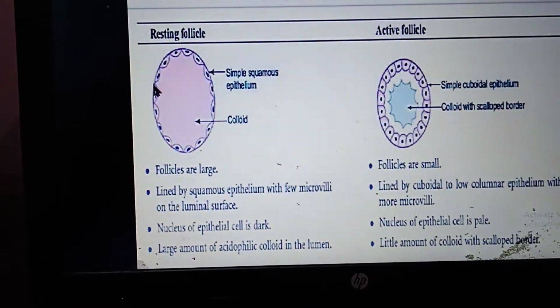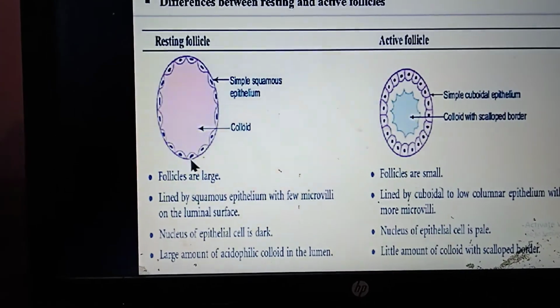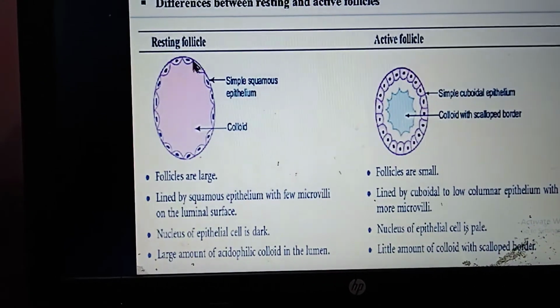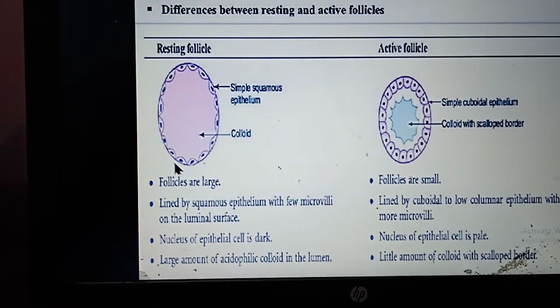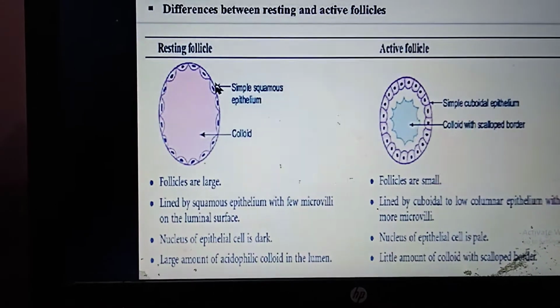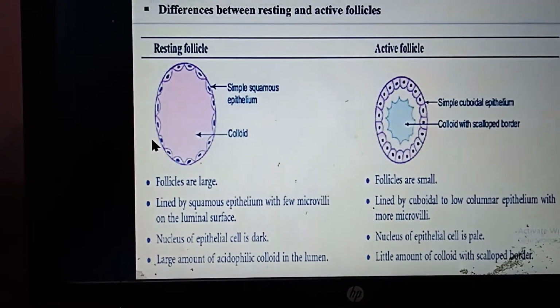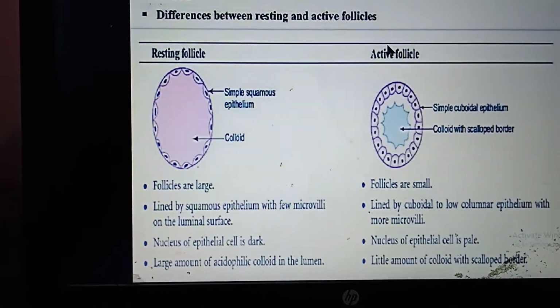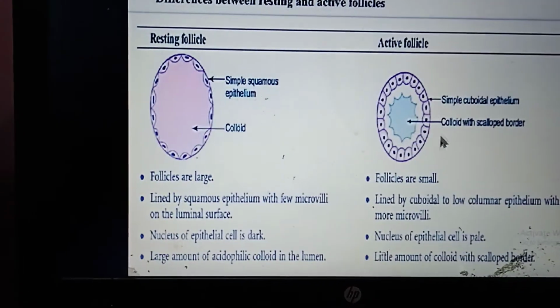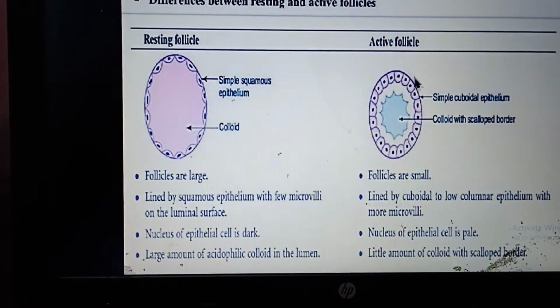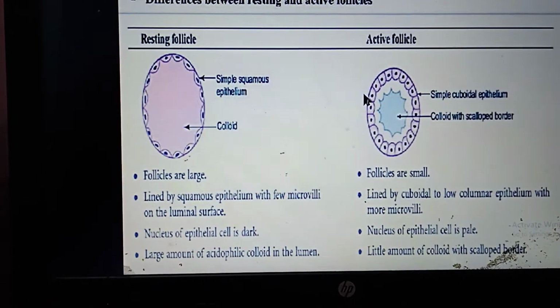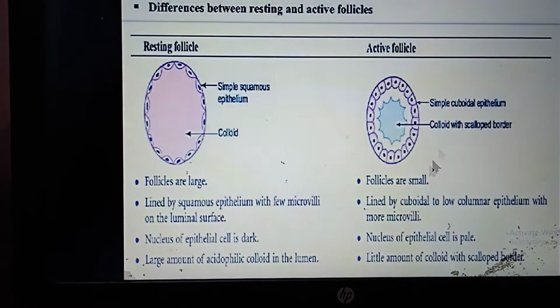In the resting follicle, all cells are sleeping, taking rest, so they are flattened, lying on the basement membrane. So it is a simple squamous type of epithelium. And this is the active follicle. Many events are going on within these follicular cells, which unite to form one follicle.